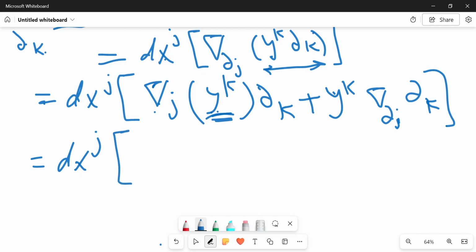dxj bracket. Now when you have here, this is del. Only when you have a vector or covector, the del remains. Otherwise, when you have a function, del is reduced to the normal partial differential derivative.